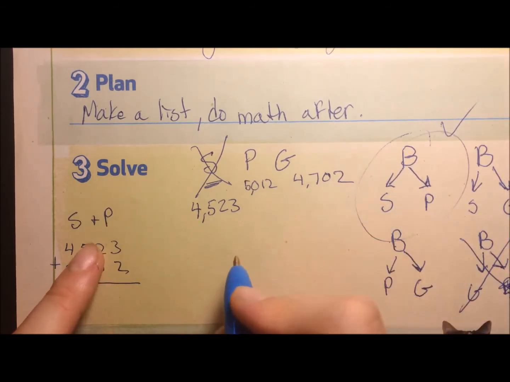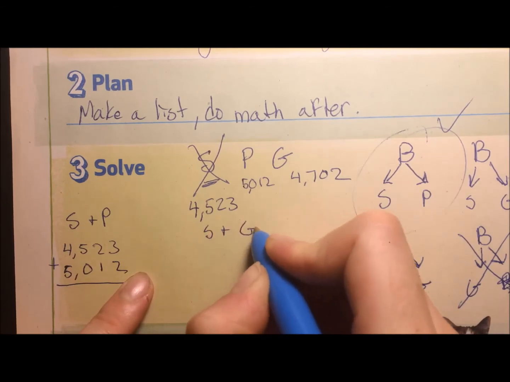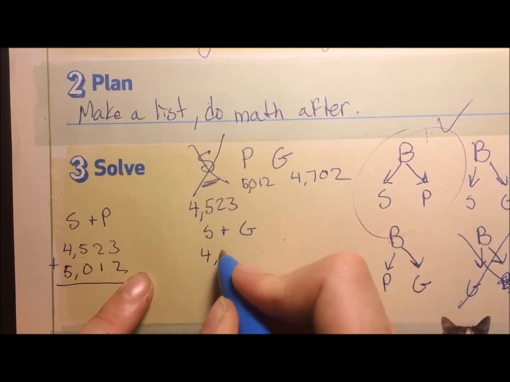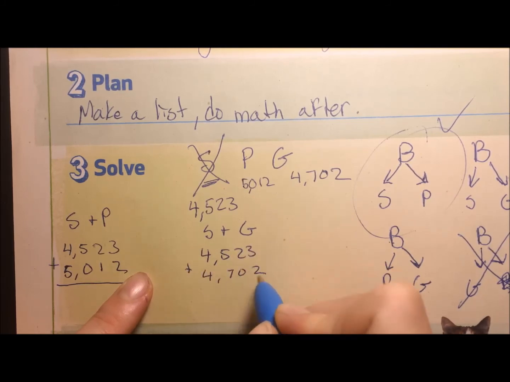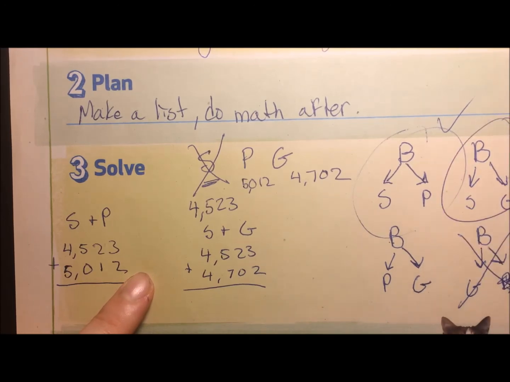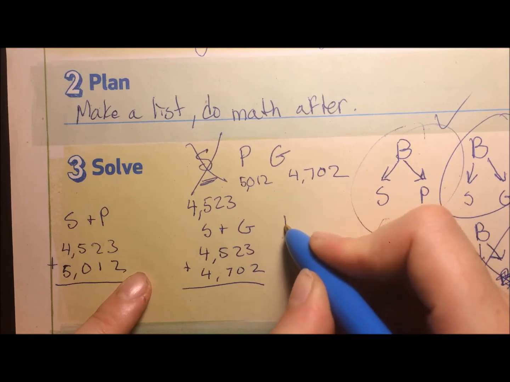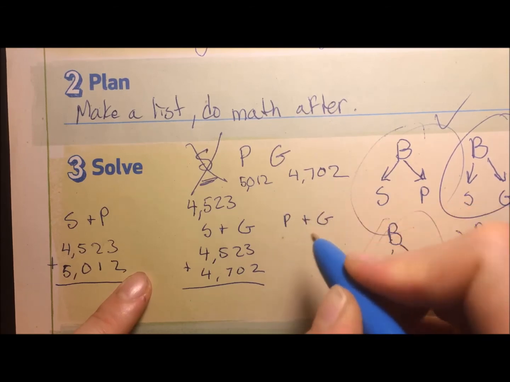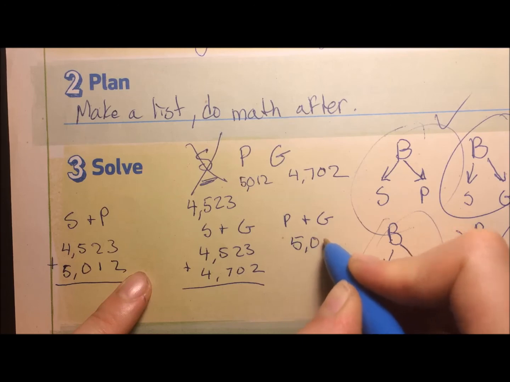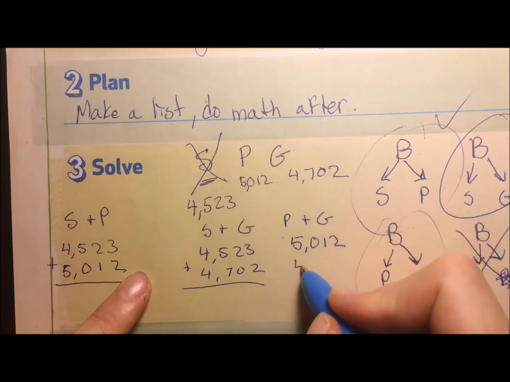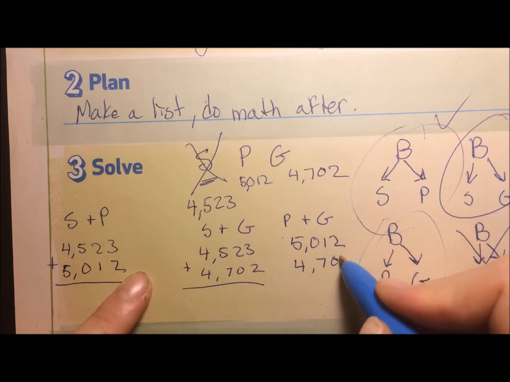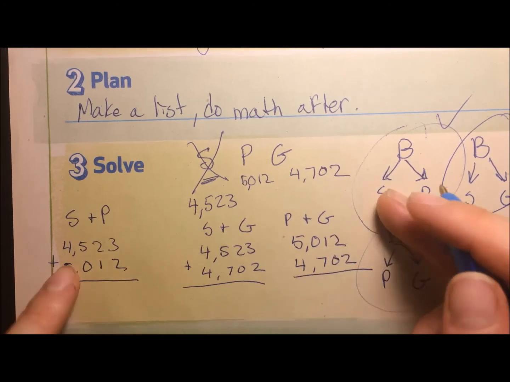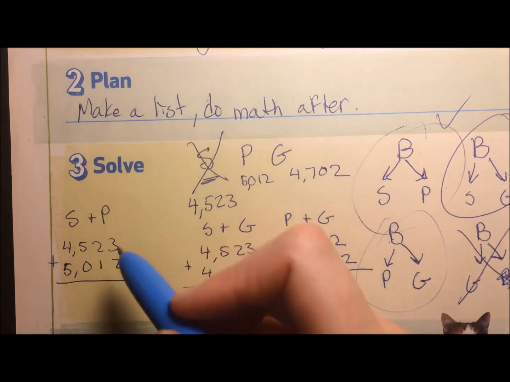Now we need Snuggles plus Ginger. So Snuggles was 4,523 plus Ginger 4,702. Okay, check. And now we need Pansy and Ginger. P plus G. So 5,012, and Ginger 4,702. Okay, so now we just need to add these and we'll have our 3 answers.